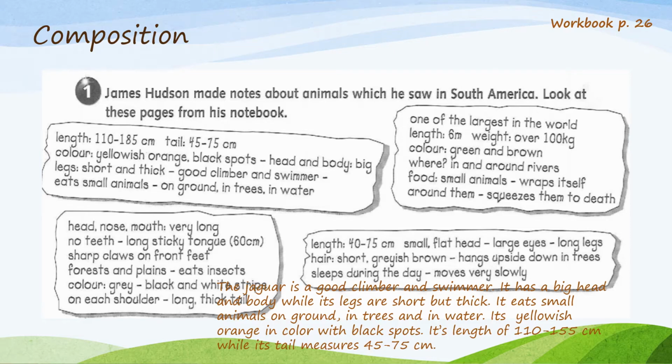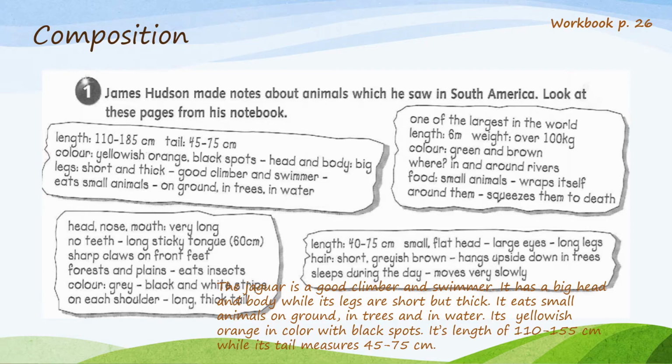Next, one of the largest in the world, length 6 meters, weight over 100 kilograms, color green and brown, where: in and around rivers, food: small animals, wraps itself around them, squeezes them to death.